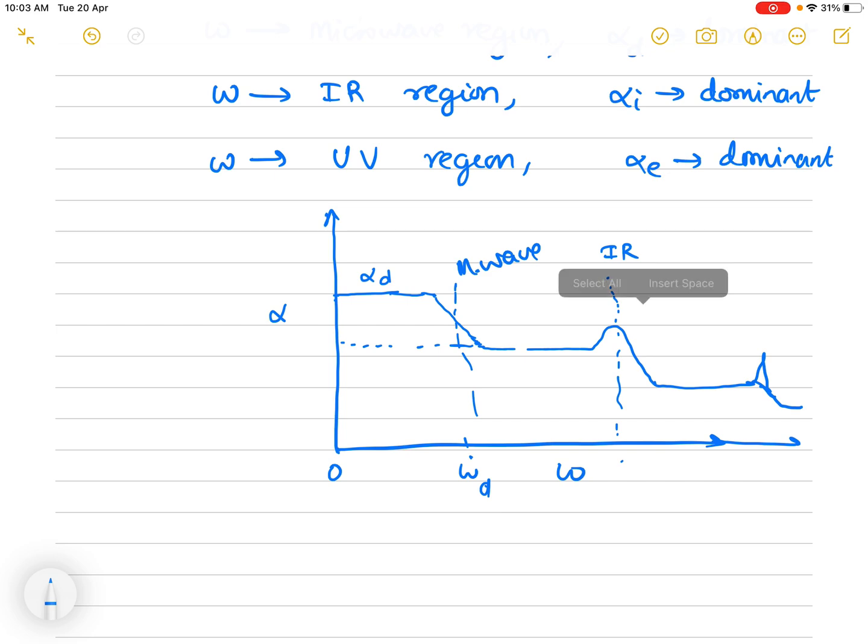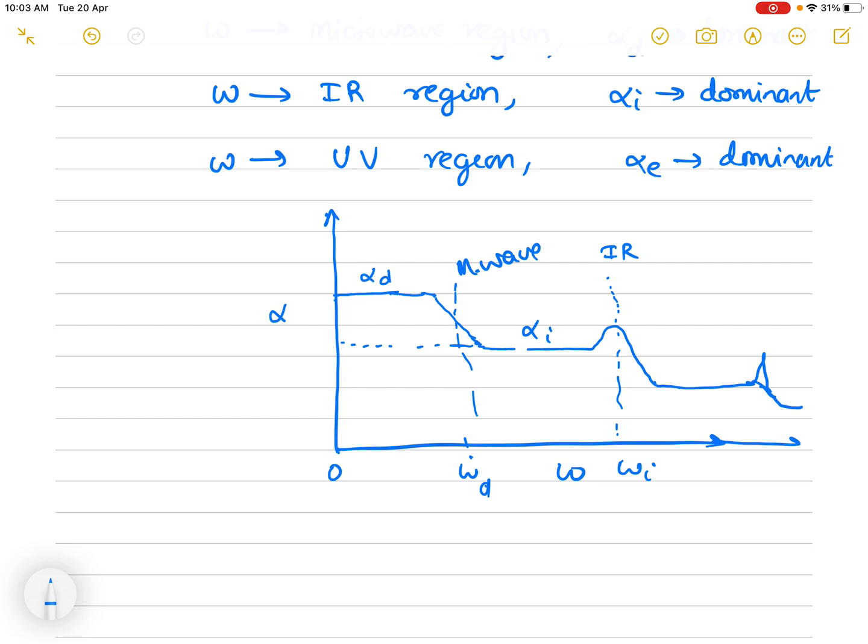So at higher frequencies, only the electrons respond, and therefore we see only the electronic polarizability. So this is the ultraviolet frequency.